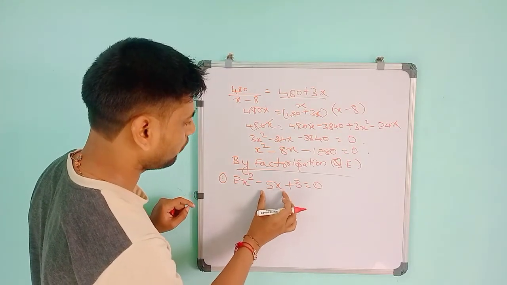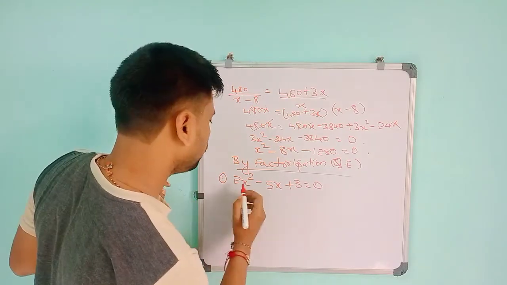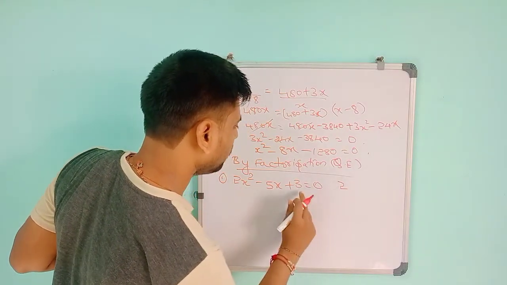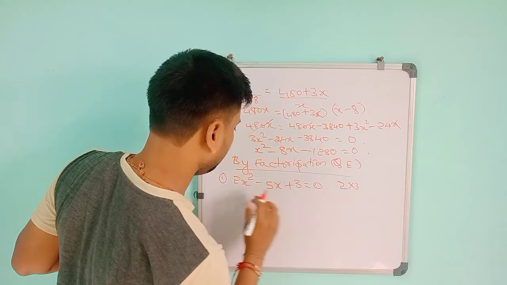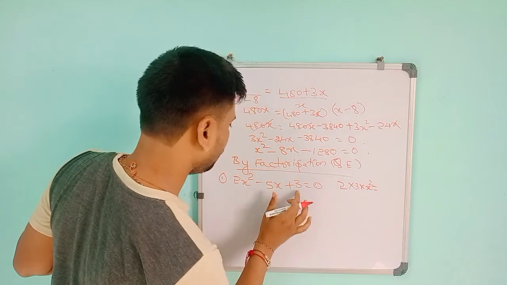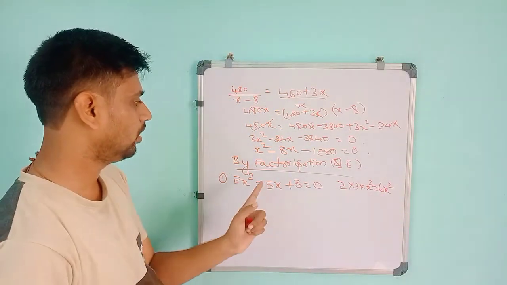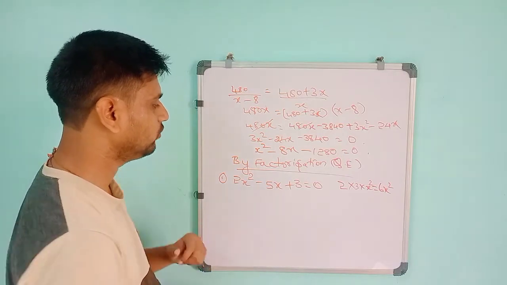To split the middle term, first take the first and last numbers: 2 into 3 is 6, so the product is 6x square, and the sum should become minus 5.